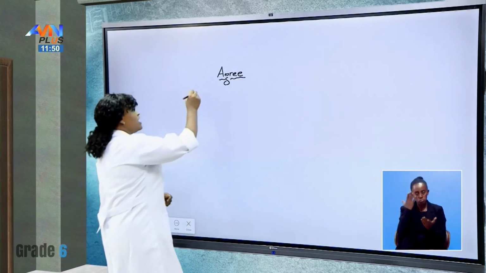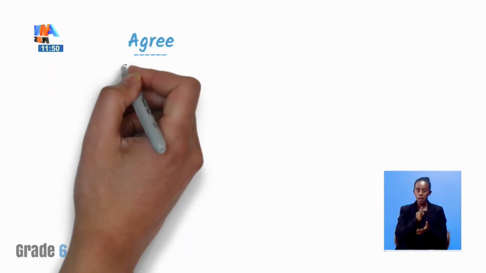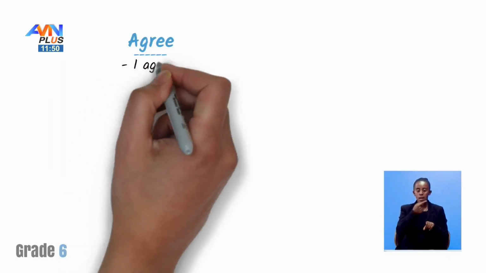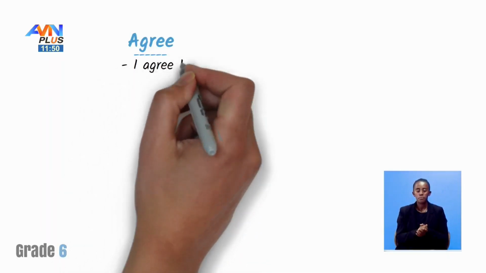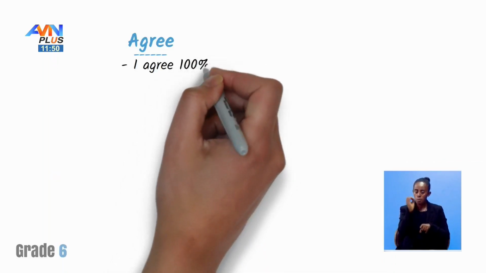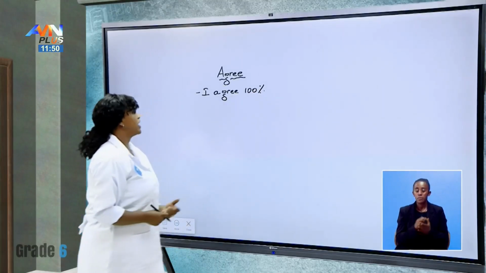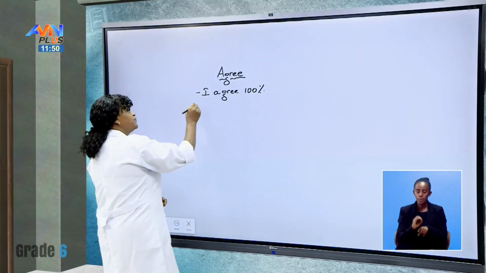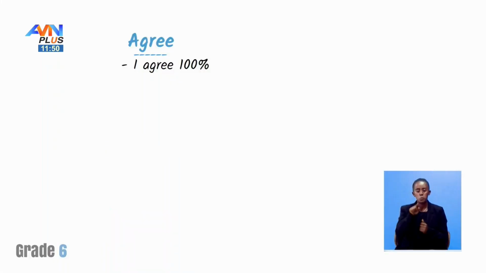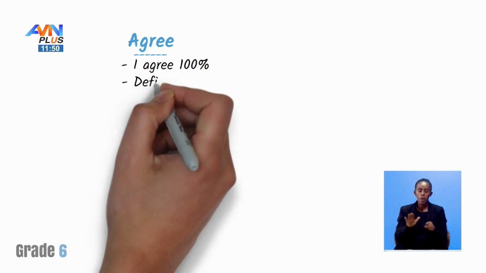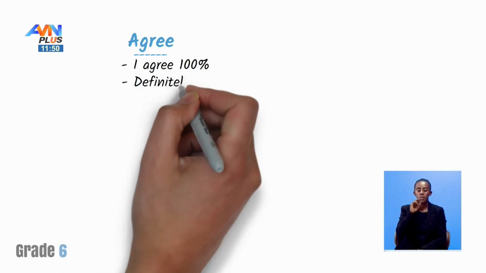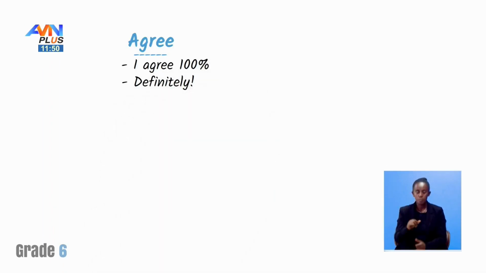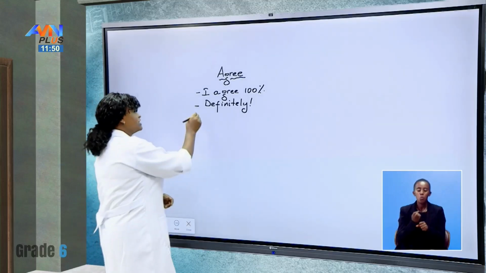The first one. I agree, yeah? I agree 100%. This is one way. I agree 100%. Another, you can say definitely. Definitely. Yes? Or exactly.